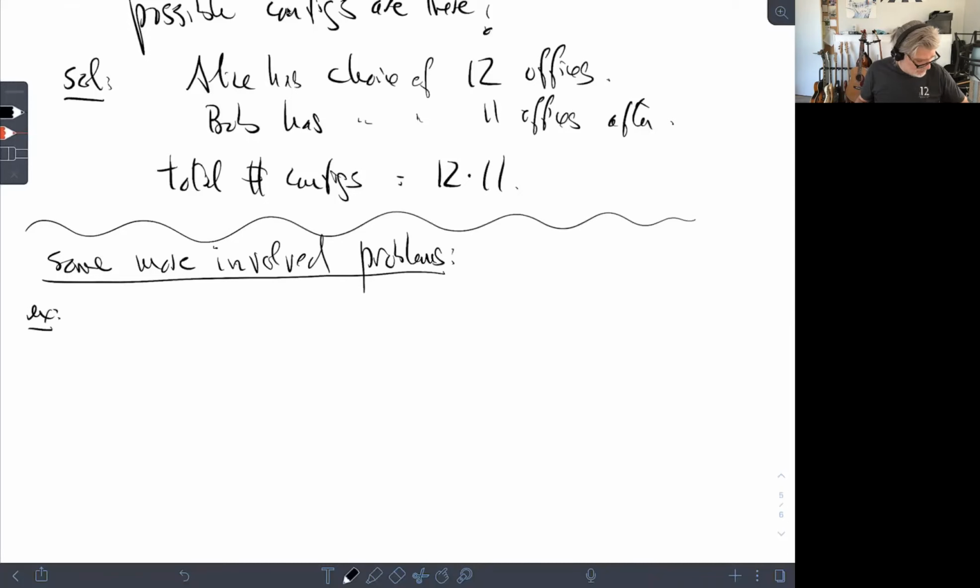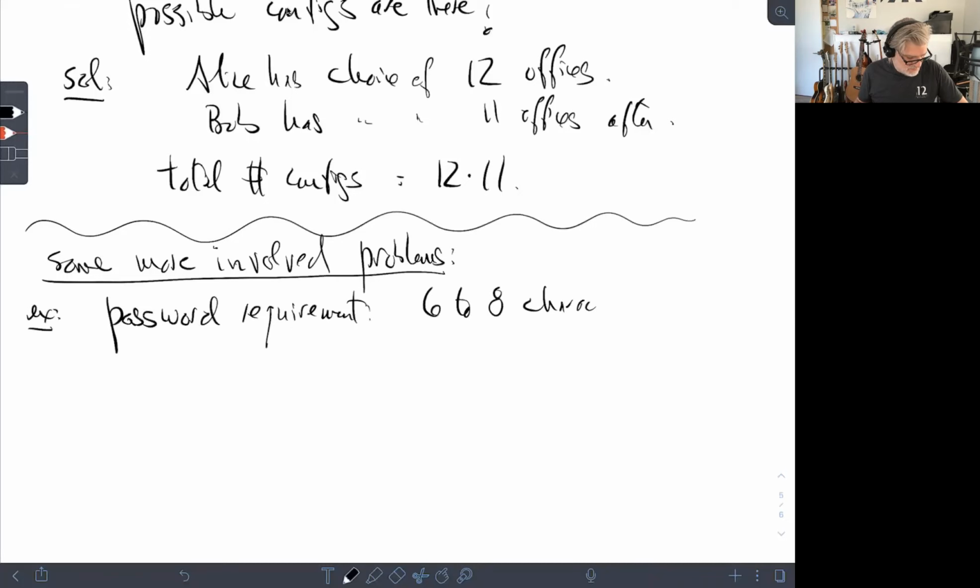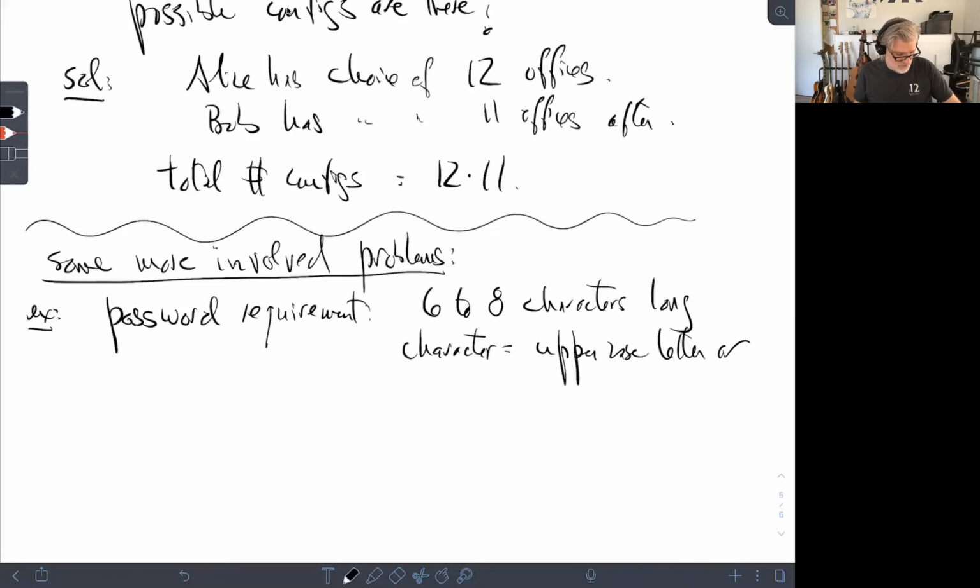We have a password requirement. It has to be 6 to 8 characters long. What's a character? It is an uppercase letter or a digit. And the password has to contain at least one digit.